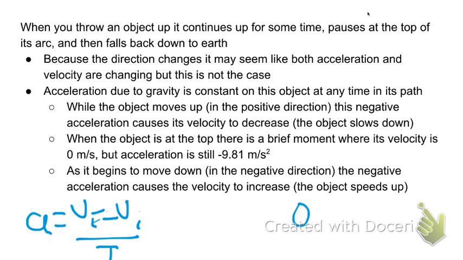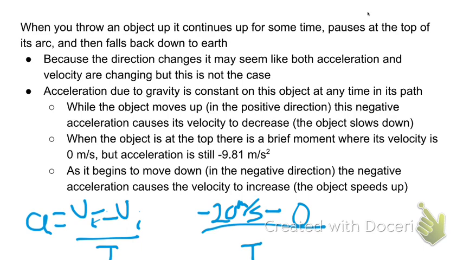But our velocity final is now negative 20 meters per second because now we're traveling in the negative direction. So negative 20 minus 0 still comes out to be a negative number. When we divide it by time, which is always positive, we still get a negative number. So even though now we are speeding up instead of slowing down, our acceleration is still negative.